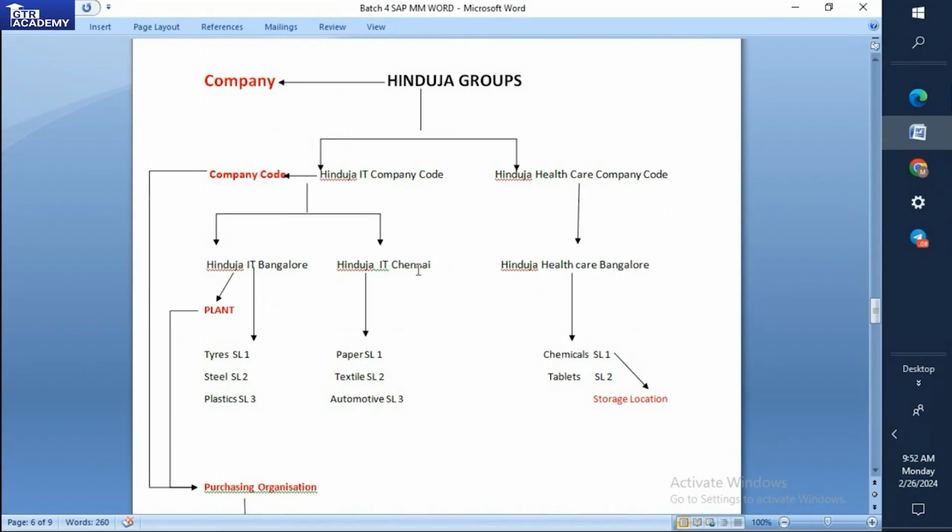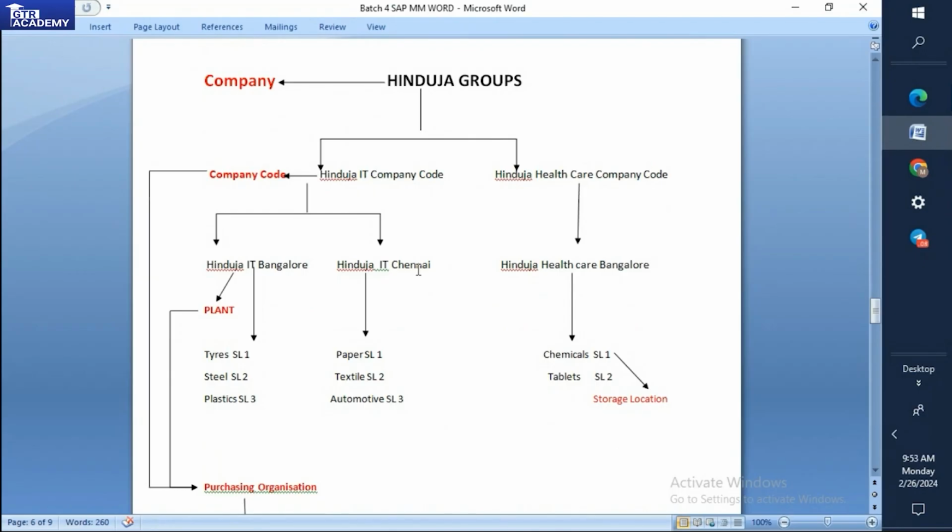It completely depends on the business requirement, and they segregate accordingly. The plant comes under the company code, and it is an organizational unit within a company where all the manufacturing activity takes place, producing whatever goods the company requires.